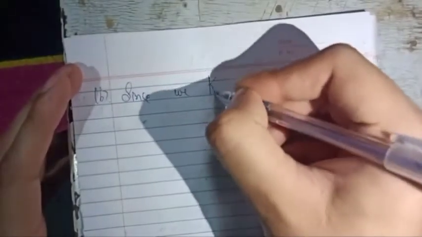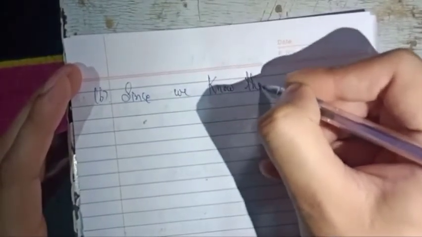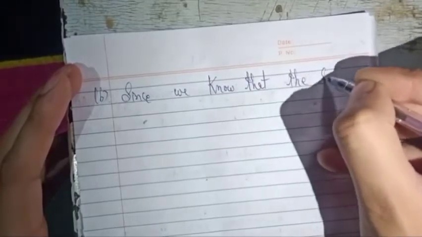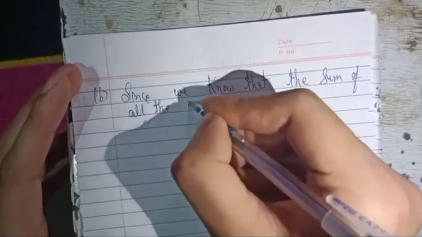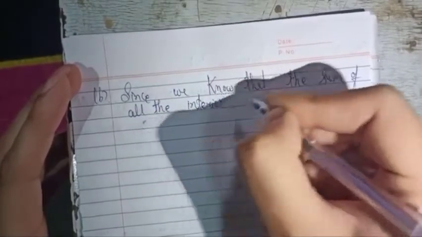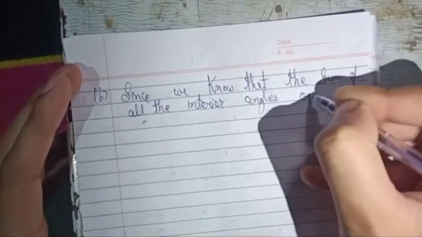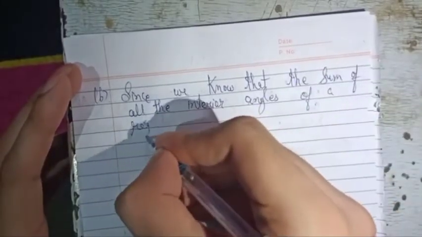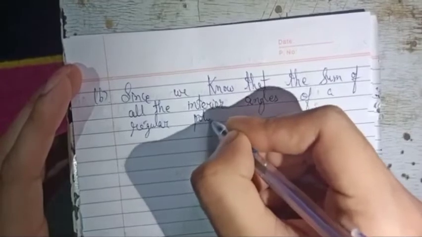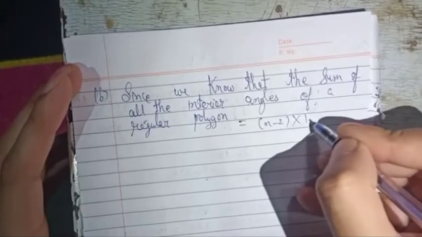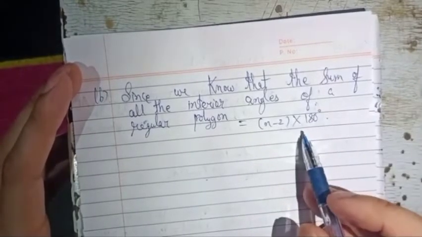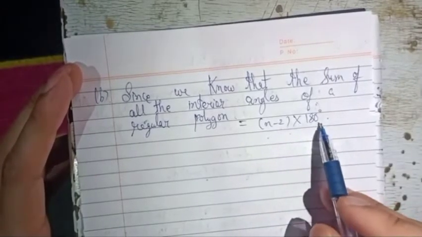Since we know that the sum of all the interior angles of a regular polygon is equal to n minus 2 multiplied by 180 degree. That is the formula for the interior angles.